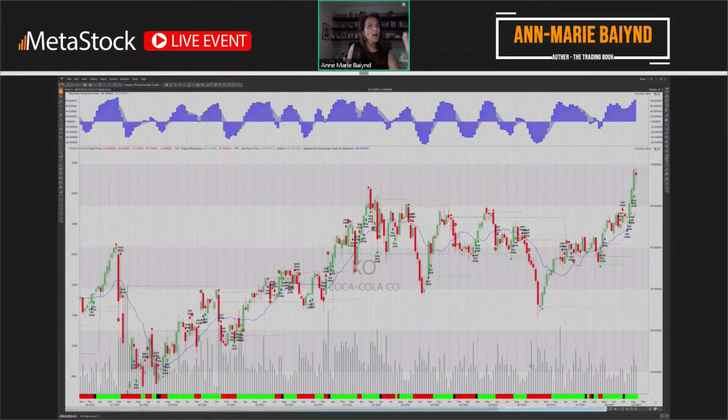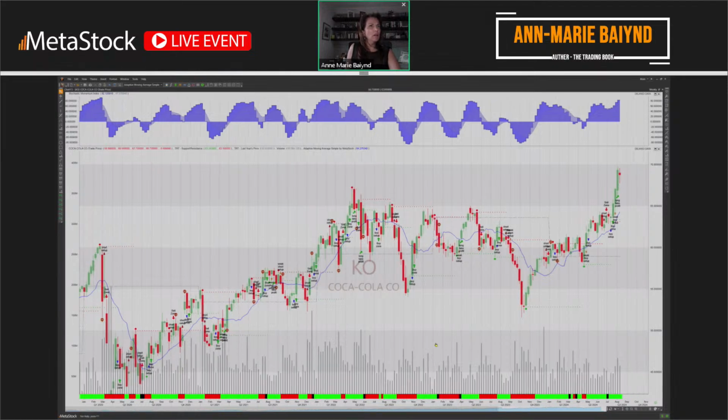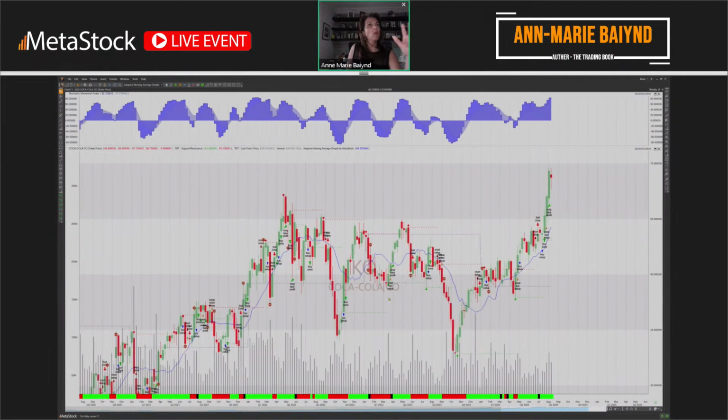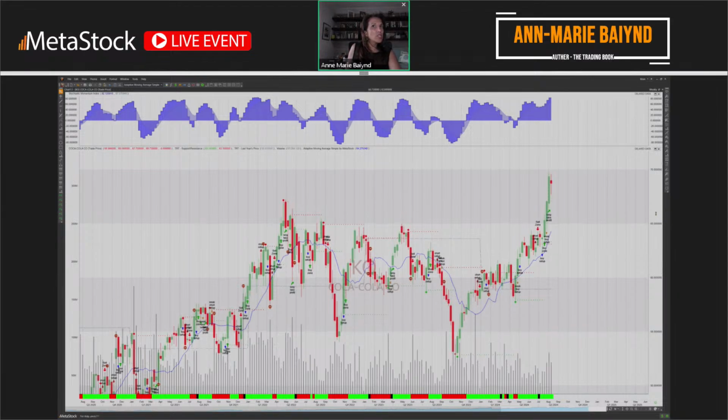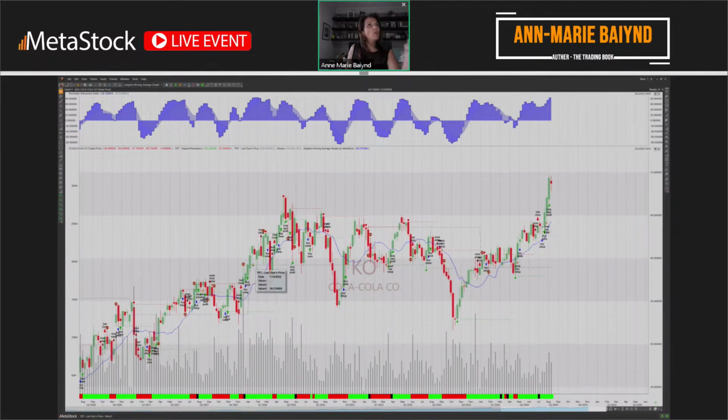This one has been an absolute beast. Coca-Cola, look at this thing. Now, the big thing to sit down and stare at is, how big is this range? My thought is that this range of accumulation is years wide, right? 2022 wide. Take a look. I don't know if we want to go all the way down here, because that feels like, I don't know.